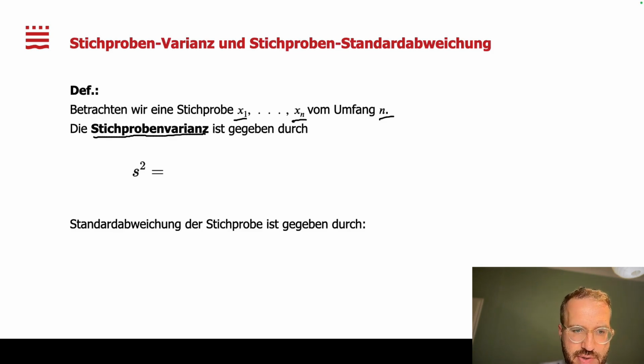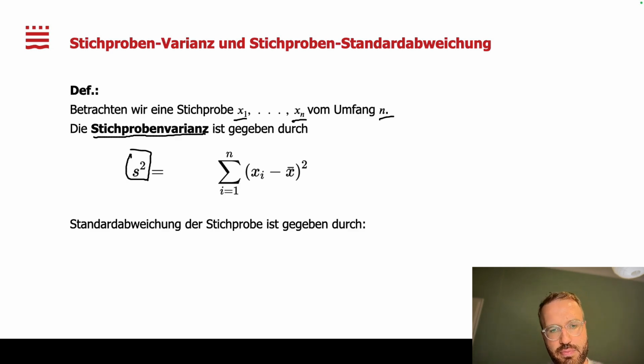First, we describe the sample variance with s squared. And now, as I already mentioned, we look at the distances of the points from the mean. We want to do this in such a way that they do not cancel each other out, meaning that the deviation to the left and the deviation to the right do not balance each other. And we could either do it by taking the absolute values of the xi minus the mean, or alternatively, we take the square.